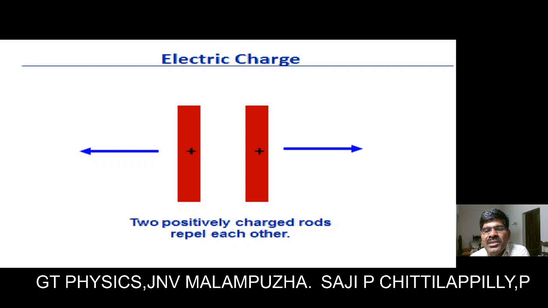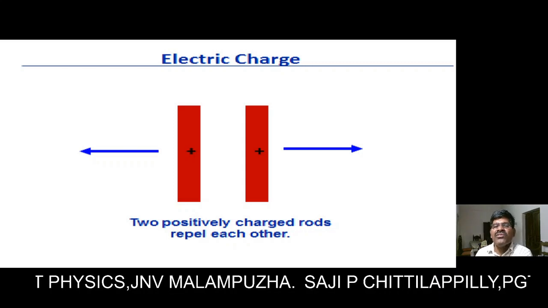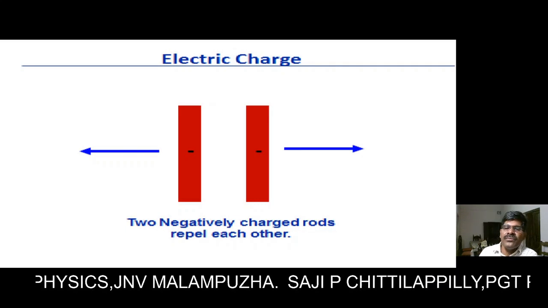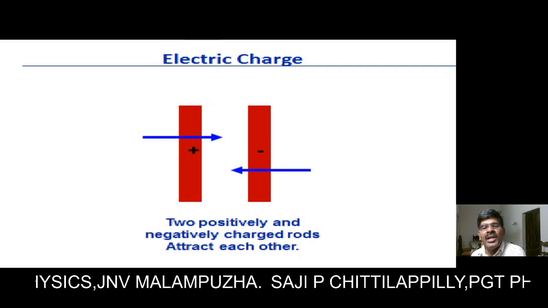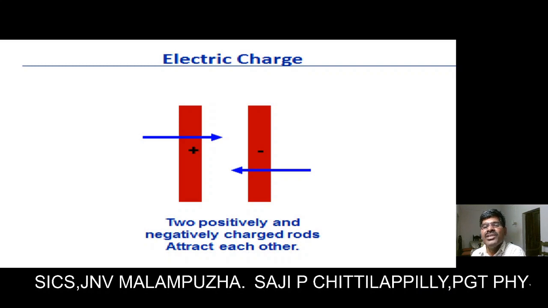In this picture, when we place two positive charges, there will be a force of repulsion. Similarly, when we place two negative charges, there will be a force of repulsion. When you place a positive and a negative charged rod, we can see a force of attraction.